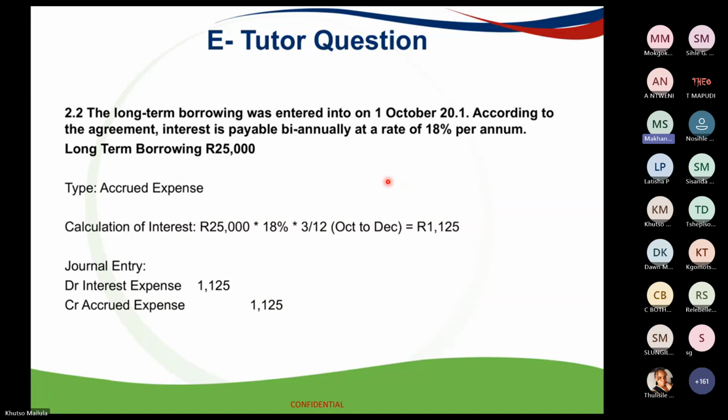Okay, so the one that I just explained now is the interest income that we're supposed to receive. This one will be vice versa, because this is the interest that we're supposed to pay, but we have not paid by the end of the year. So it's interest payable.